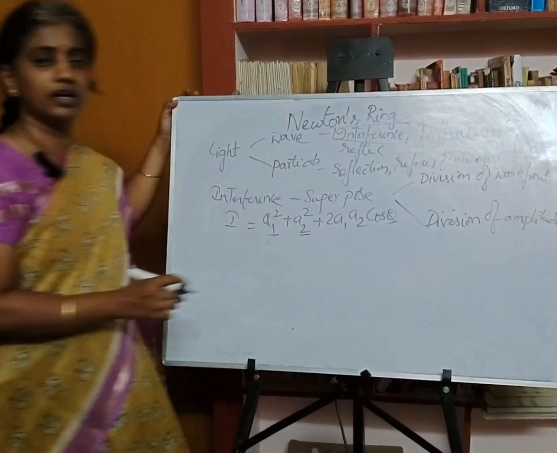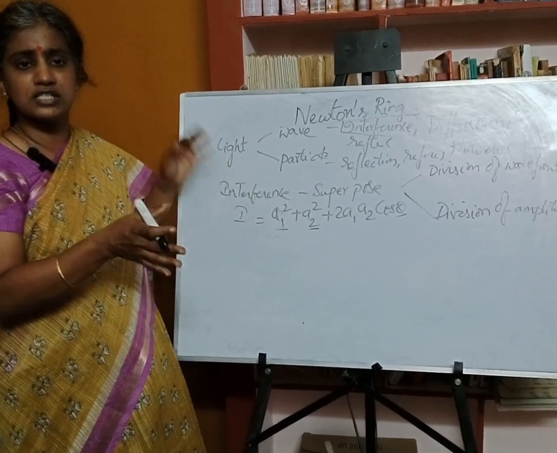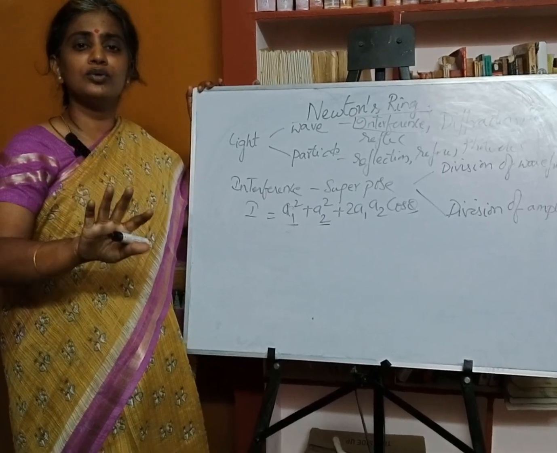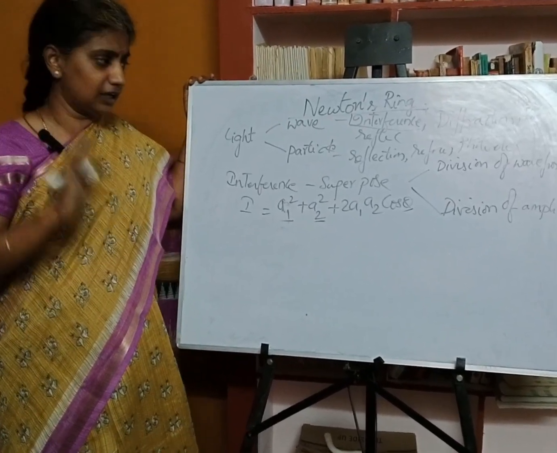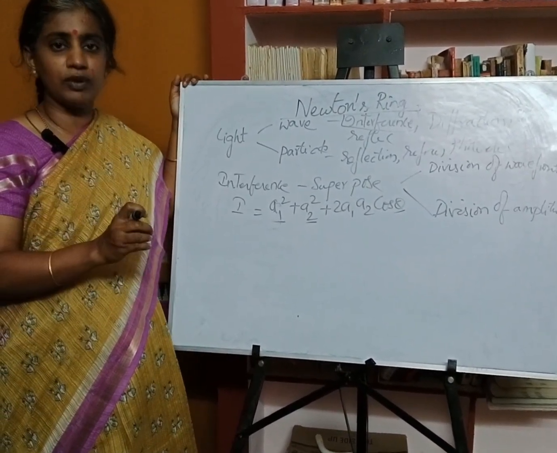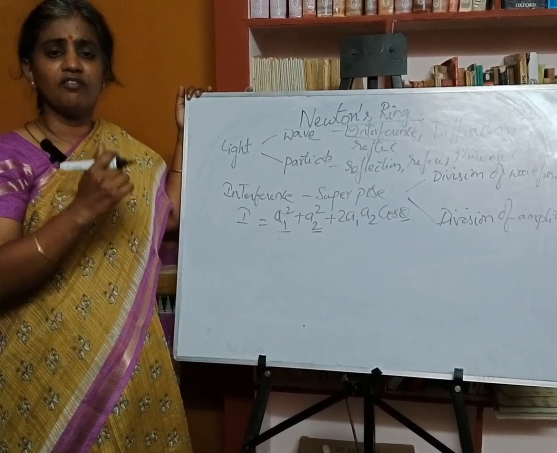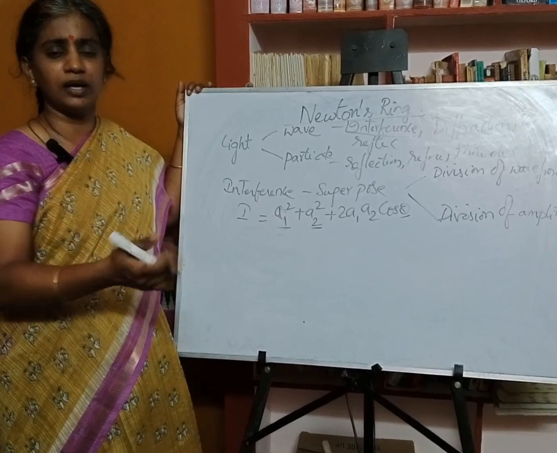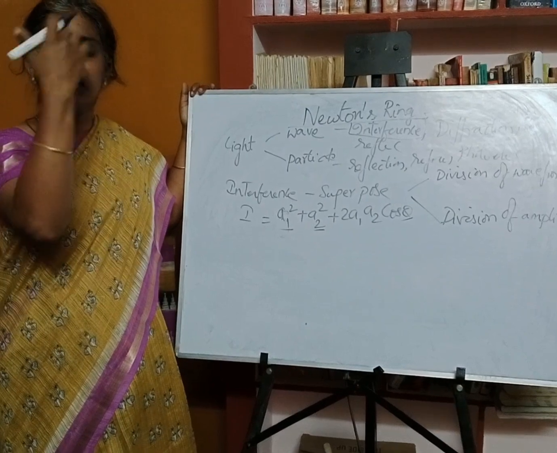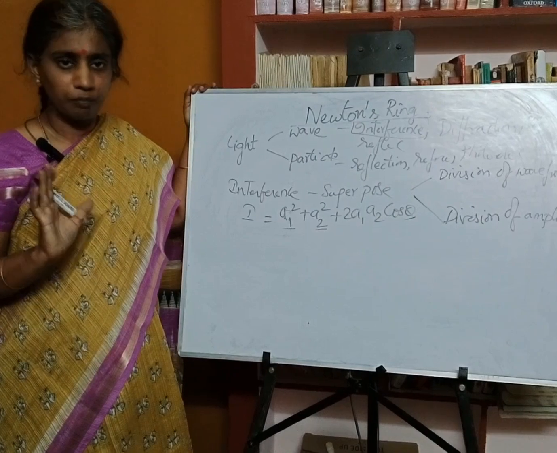What is division of wavefront? The light from a single source is allowed to pass through two different sources and they travel unequal distances and interfere with one another, producing bright and dark fringes alternately. In the case of division of amplitude, the light wave obtained from the source is allowed to fall on a reflecting or a refracting surface where some of the light wave will be reflected, and some part will be transmitted to the second surface which further reflects back, and the outcoming waves interfere to produce bright and dark fringes.